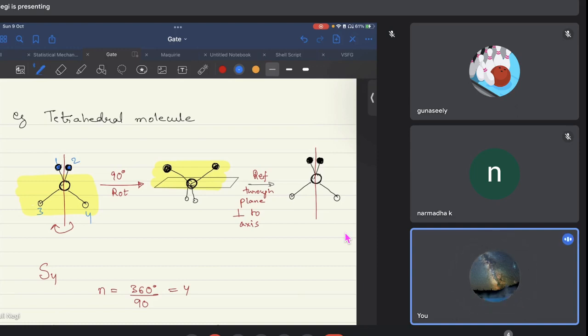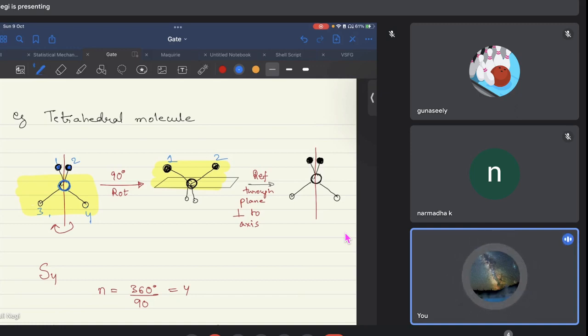This 3, 4 and this atom will be on your paper plane. Now rotate it 90 degrees. What will happen? This 1 and 2 will come on your paper sheet, but of 3 and 4, this 3 will go behind your paper sheet, and 4 will come above your paper sheet.